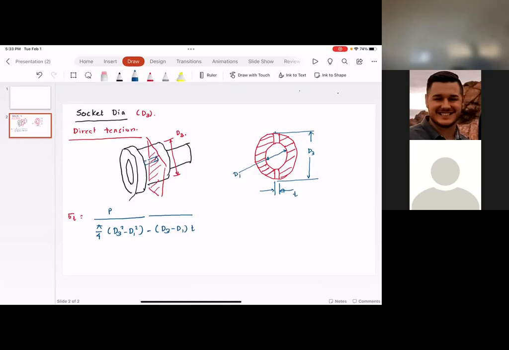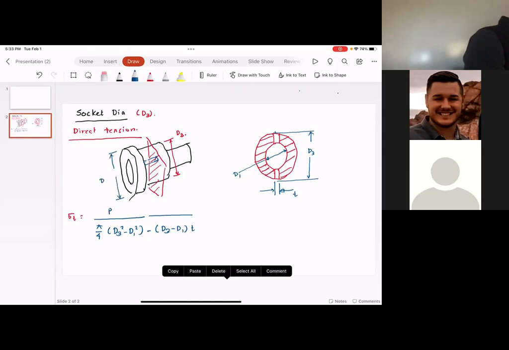Any other questions? Yeah. How do you know the length of the collar? That's a good question. Length of the collar usually is the diameter D4 with some clearance on the top and the bottom.